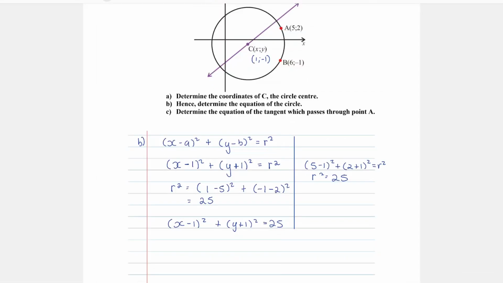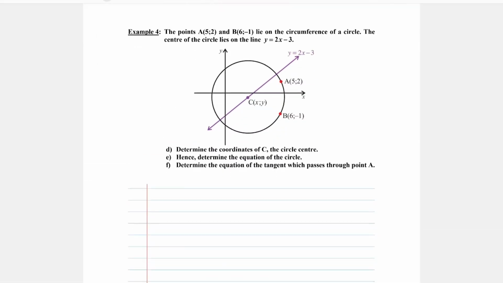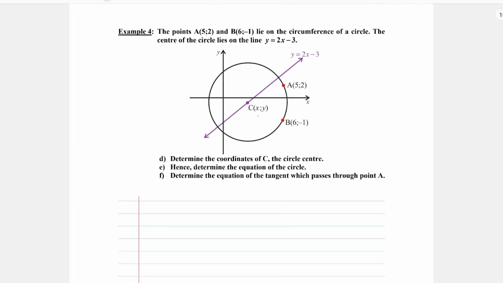Let's look at example C now, where it asks us to determine the equation of the tangent which passes through point A. Just to make life a little bit easier, we've got the diagram drawn again. We know this point over here is 1 and minus 1. And they're asking us for the equation of the line, or the tangent, passing through point A. So the first step is to look at the gradient of the radius.